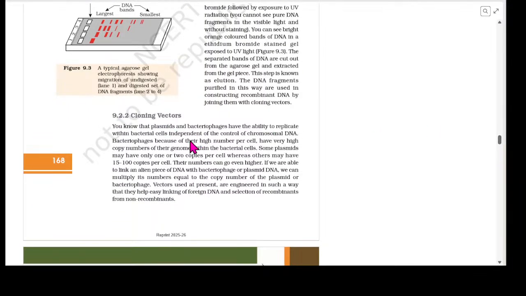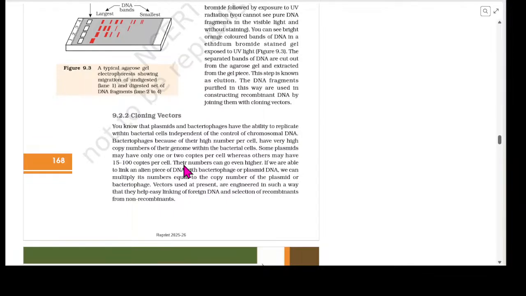Cloning vectors. You know that plasmids and bacteriophages have the ability to replicate within the bacterial cells independent of the control of chromosomal DNA. Bacteriophages, because of their high number per cell, have high copy numbers of their genome within the bacterial cells. Some plasmids may have only 1 or 2 copies per cell, whereas others may have 15 to 100 copies per cell.